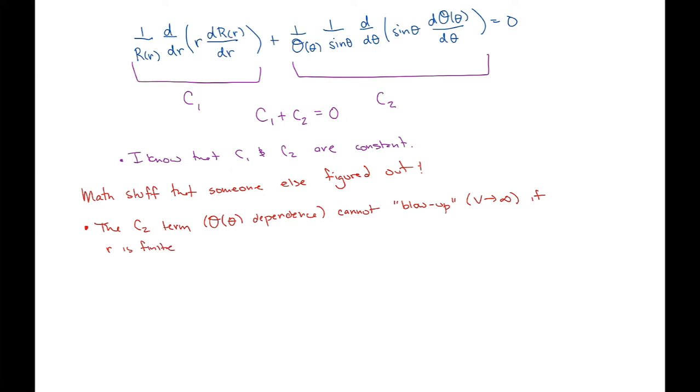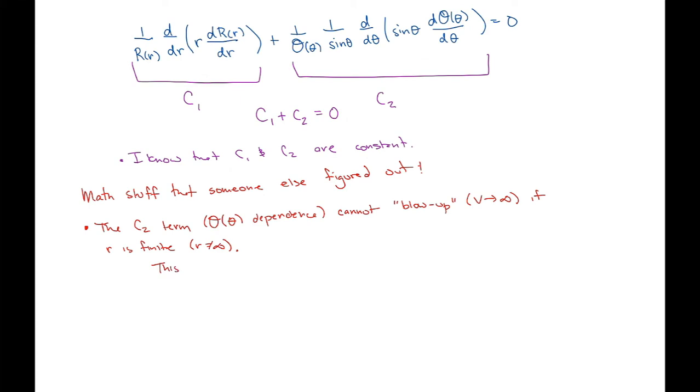As long as R is some reasonable number, we can't have this second term blowing up because that would make no sense. Looking at this term compared to what we had before, it's a little bit hard to tell what that actually means. And again, that's why we're standing on the shoulders of giants.